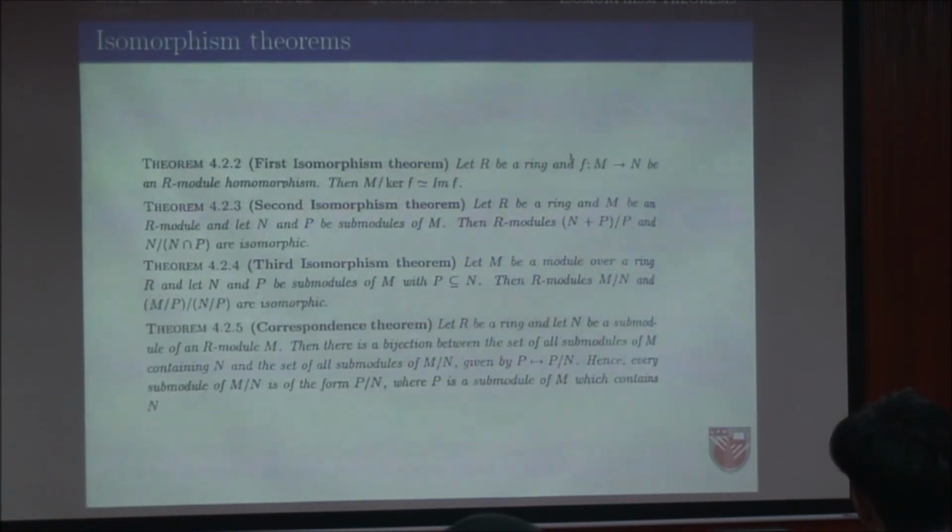The same theorem holds for modules also. The same function can be easily proven to be an R-module isomorphism, a homomorphism of R-modules, giving an isomorphism of these two modules.